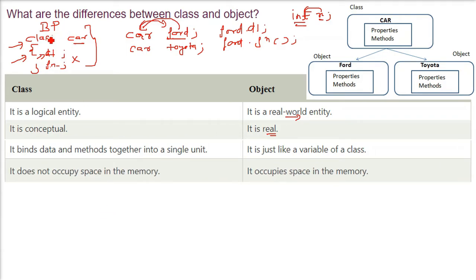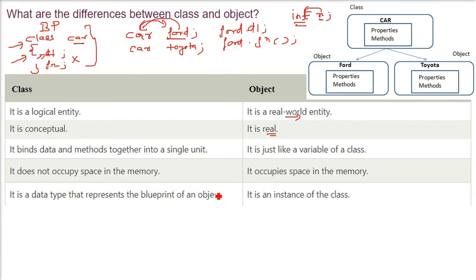As I said, class does not occupy space in memory. When we instantiate, when we make an object, then the object will occupy space in memory. Class is just a template, no memory at all. Class is a data type, and this is a user defined data type.